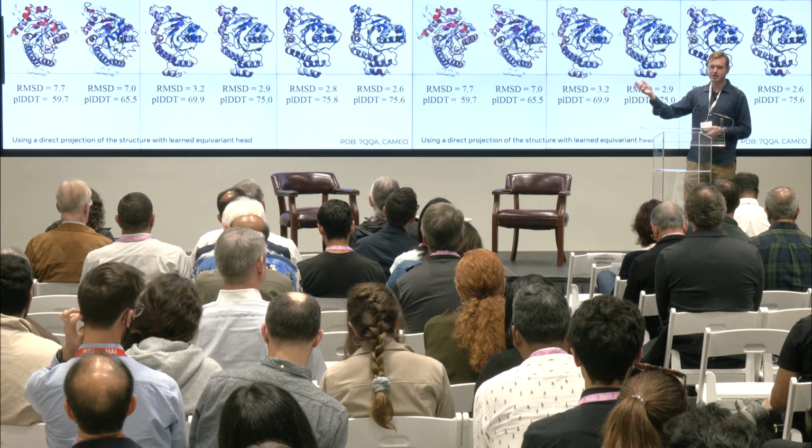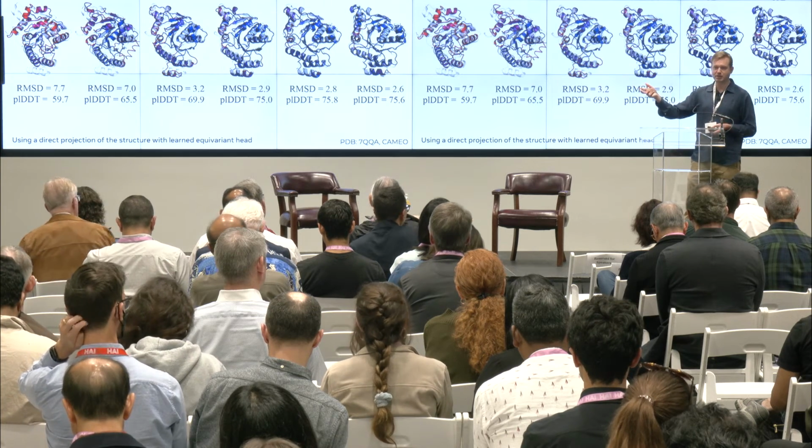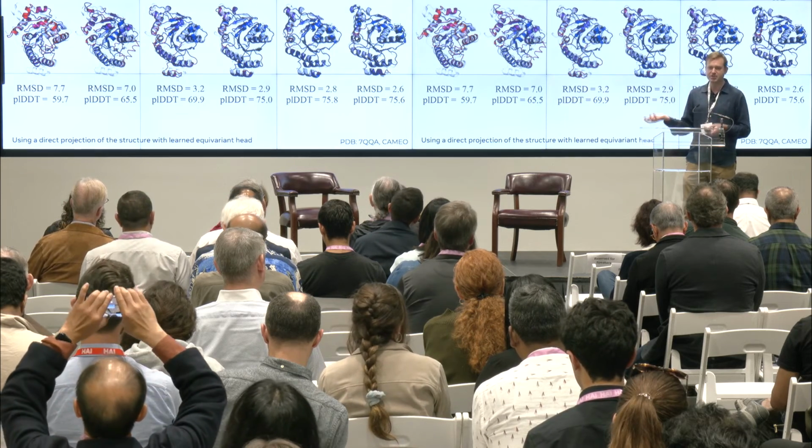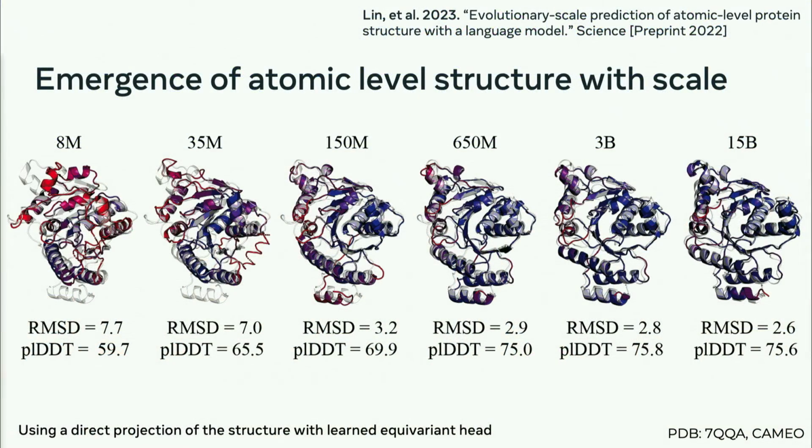But we've started to look at how biological information relates to the expressiveness of these models, the parameter scale and the compute that goes into training them. And this illustrates one of the patterns that we see. As these models increase in capacity and scale, a higher resolution, more accurate picture of the protein structure emerges within their parameters.